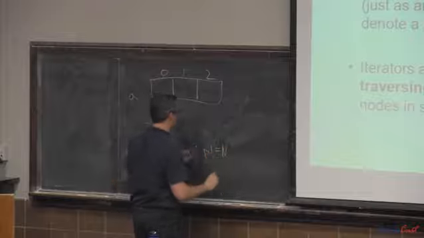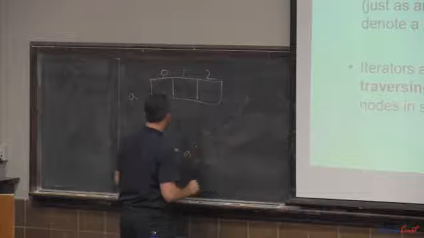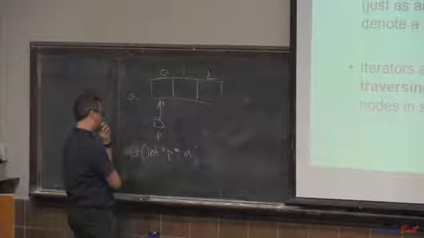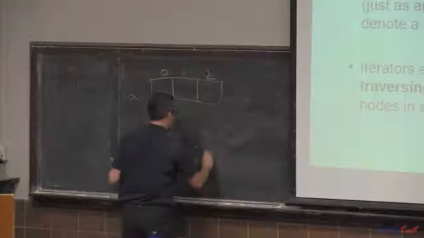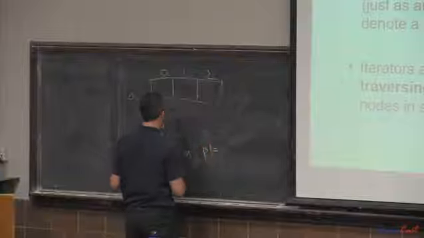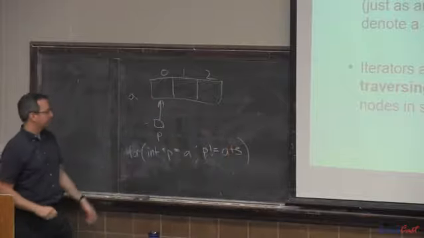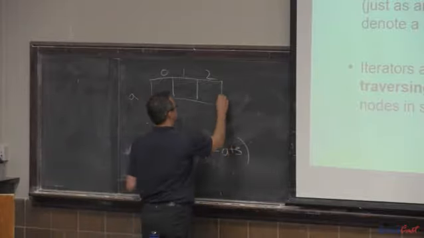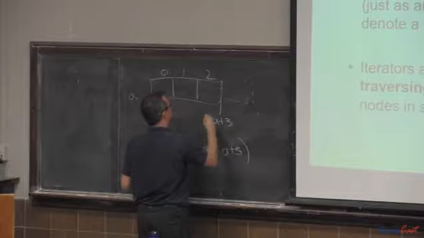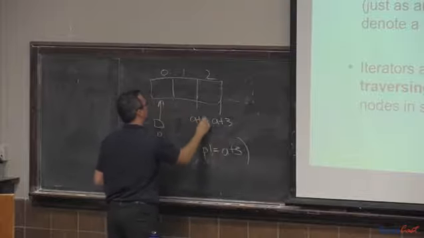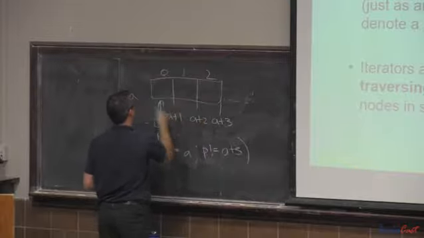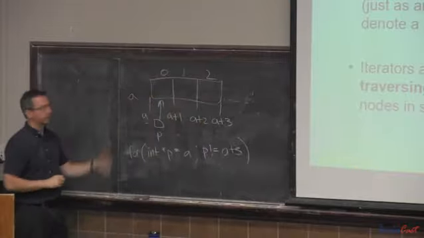Or actually, I can say P not equal to A plus 3, right? Because this is A plus 3. This is A plus 2. This is A plus 1. This is A in terms of pointers.